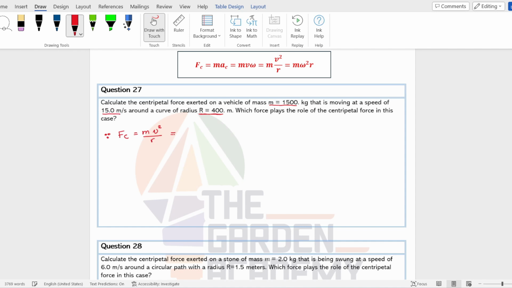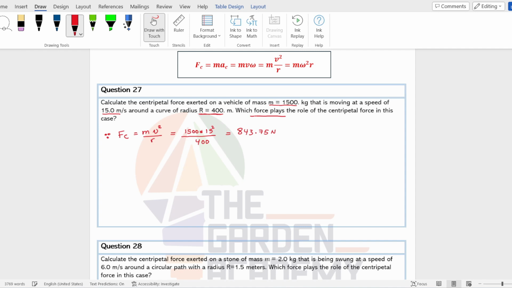So we just plug in the values: 1500 multiplied by v square, which is 15 square, divided by the radius of rotation, which is 400. And the answer will be 843.75 newtons.